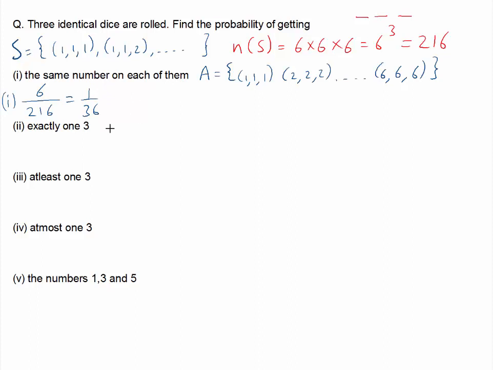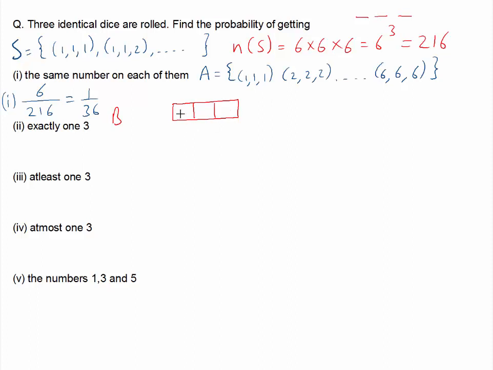Now next is getting exactly one 3. Let's call this event B. Now B will contain a lot of elements. We need not write all the elements, we just need to count them. So let's draw 3 boxes which represent the outcomes. We want exactly one 3.